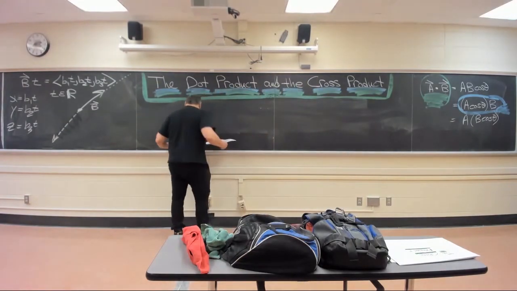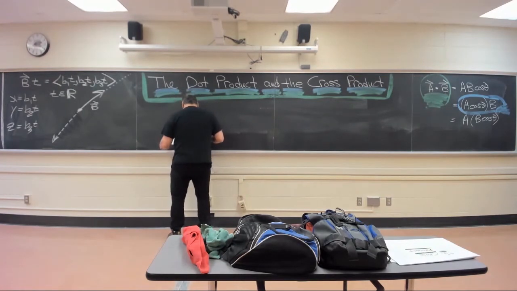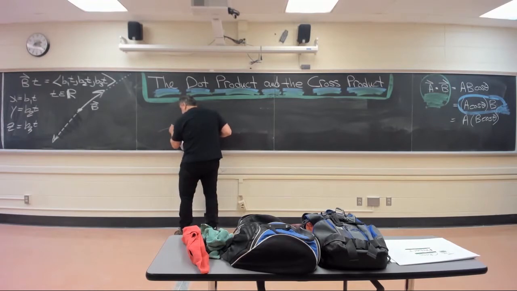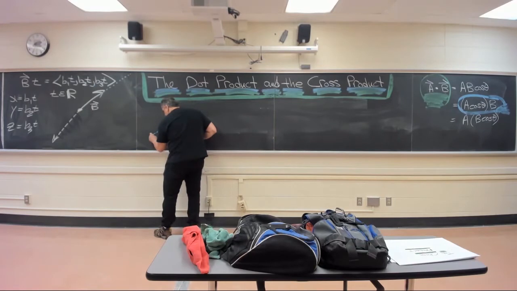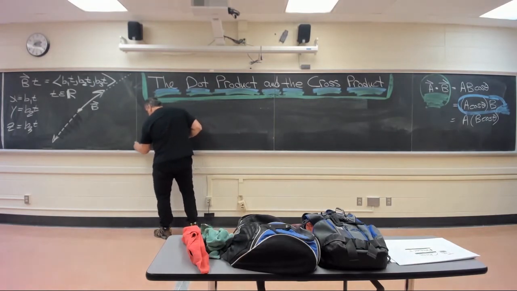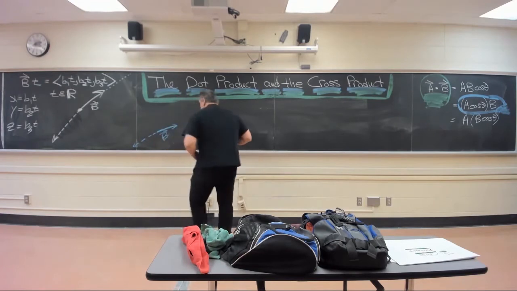Just so you'll see what I'm talking about, hopefully this makes a little bit of sense. Okay, this guy's B vector. And when you determine the line for it, well, we said a lot of stuff.